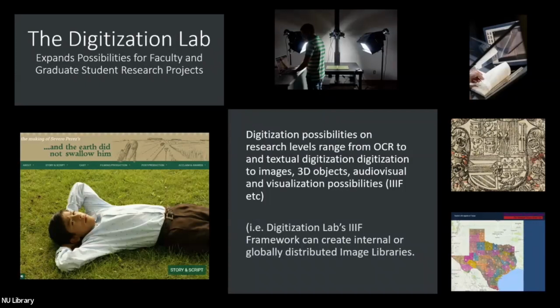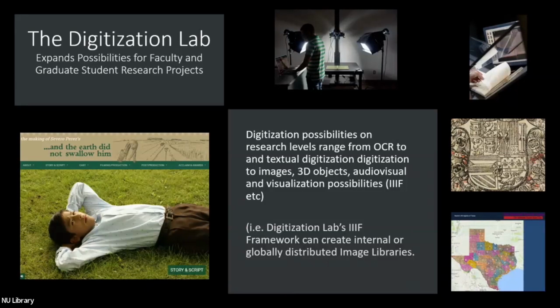Now we're getting a bit into the fun stuff. And I said I would focus this one a little bit towards cultural heritage. So if you have those pieces in place, or even a few of those pieces in place, or you're a cultural heritage focused organization, you may want to be thinking about the piece of a digitization lab. These are fantastic for expanding the possibilities for faculty, research faculty, and graduate students' research projects.